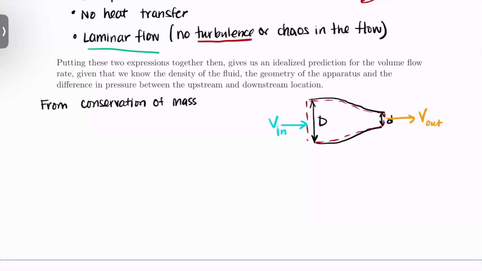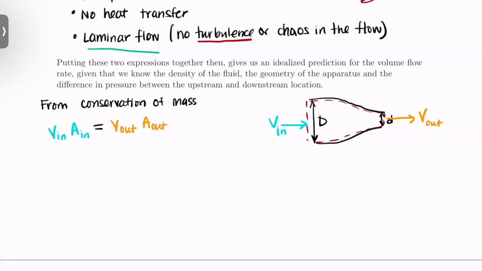Right? And conservation of mass tells us that what comes in must go out. So we have that V in times A in is equal to V out times A out. There's a density on both sides of this equation, but the fluid density isn't changing from point 1 to point 2, so I can divide through by it.